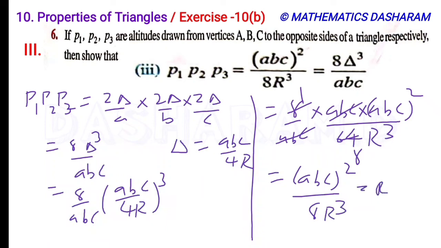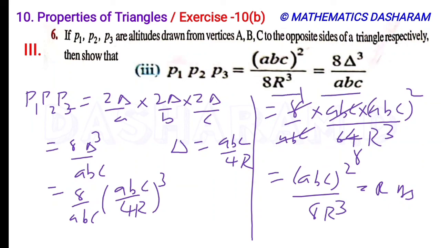So it equals the RHS. And this value also we simplified here. So finally we proved that P1, P2, P3 equals abc whole square divided by 8R cube and 8 delta cube divided by abc.